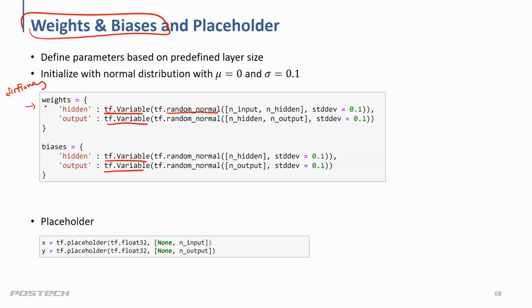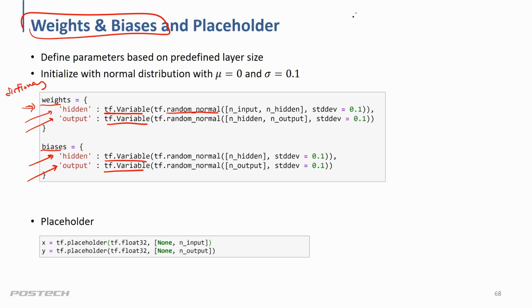We have weights and bias, but each has hidden layers and output layers. That's the way I use it. You don't have to stick with this way to define all the TF variables, but I feel like this is easier to implement.